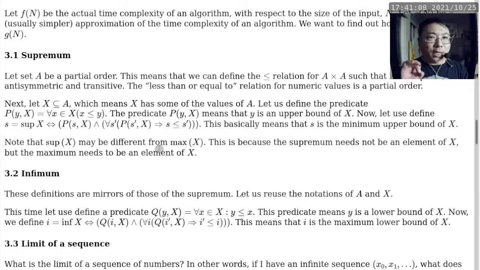Say it one more time? Sure, absolutely. A supremum can be defined for any set A that is partially ordered by some kind of less than or equal to relation, as opposed to maximum, which can only be defined if A is a totally ordered set, where you have a less than or equal to relation that is totally ordered with respect to the set A. And totally ordered is more restrictive, because in order for something to be totally ordered, it has to be partially ordered first.